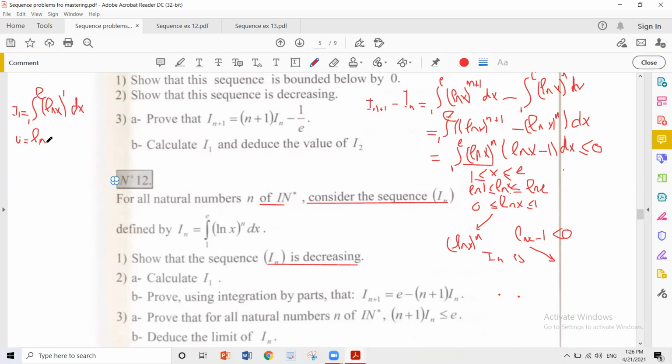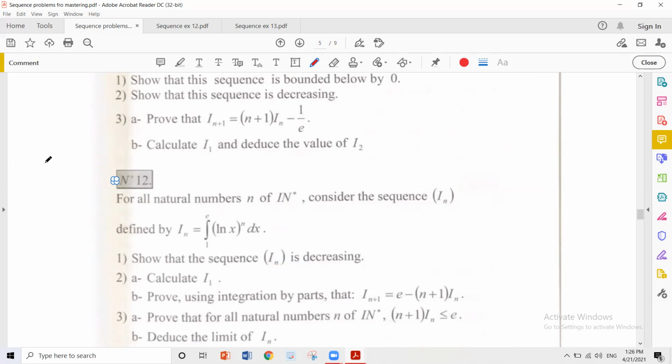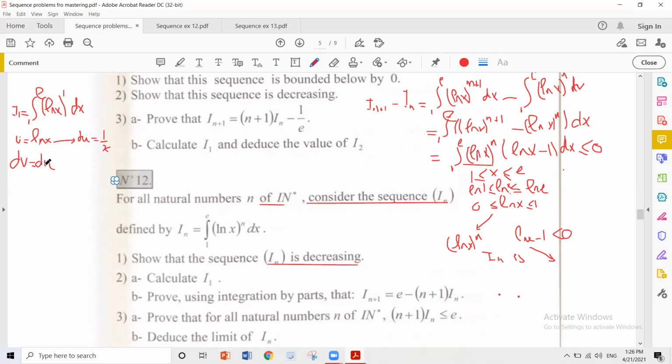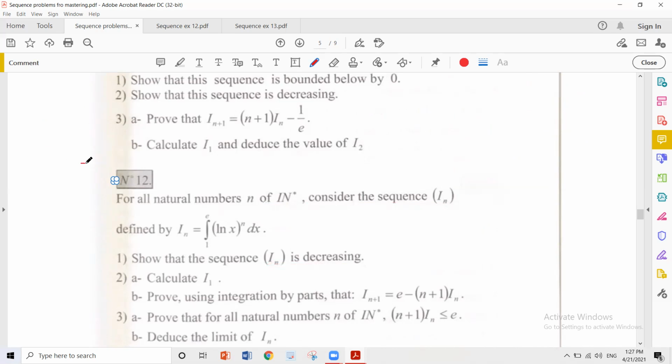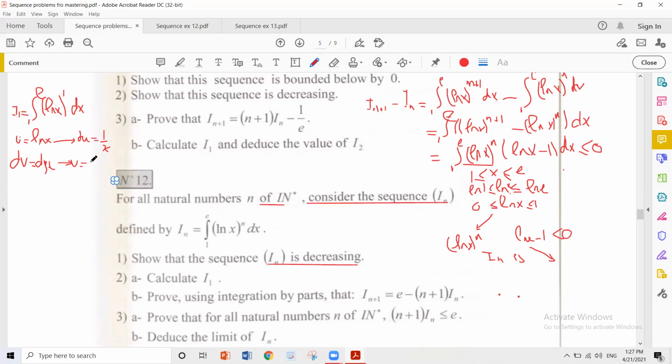Let u equal ln x, so du is 1 over x dx. dv equals dx, so v equals the integral of dx, which is x.